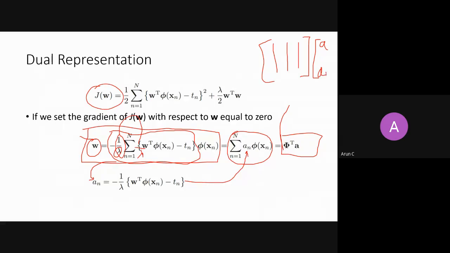So you are taking a linear combination of your samples, weighted by A1, A2, AN, and summing them up. Yesterday we discussed all these things. You can find W by doing this: if you multiply phi transpose A, you will get a vector, and that vector is W.